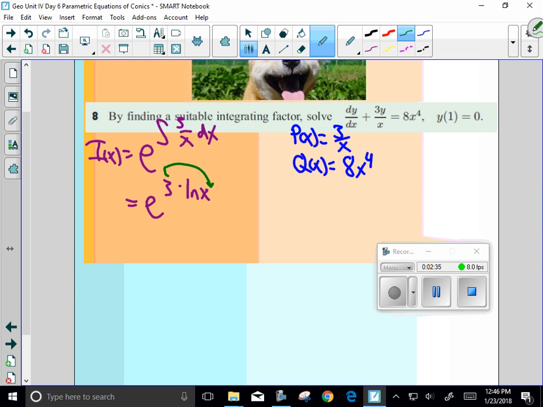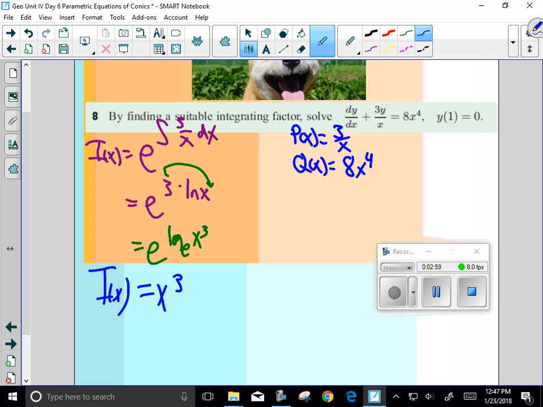Exponent of x. It's a property. So this is going to be e to the log base e of x cubed. Now what does that simplify to? E to the log base e of x cubed. No kidding, x cubed. That is my I of x. Does this come back to you a little bit?